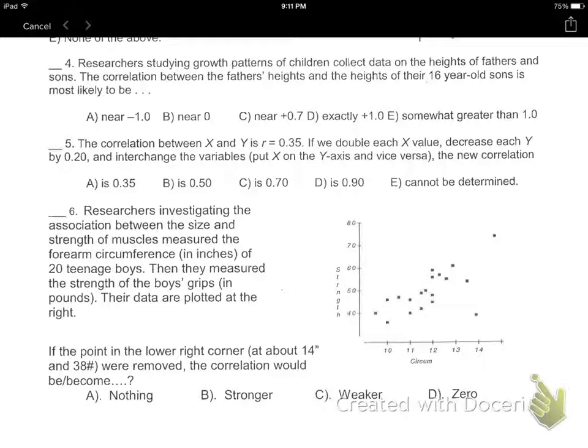So it's going to be a positive number. All right? So we know it's not going to be a negative. Hopefully you know it's not going to be near zero, right? Now we have near 0.7, exactly 1. Exactly 1 means that every son is going to be the same height as the father. That is not true. And we know that it can't be greater than 1 because we know that correlation is between plus or minus 1. So the answer is C.